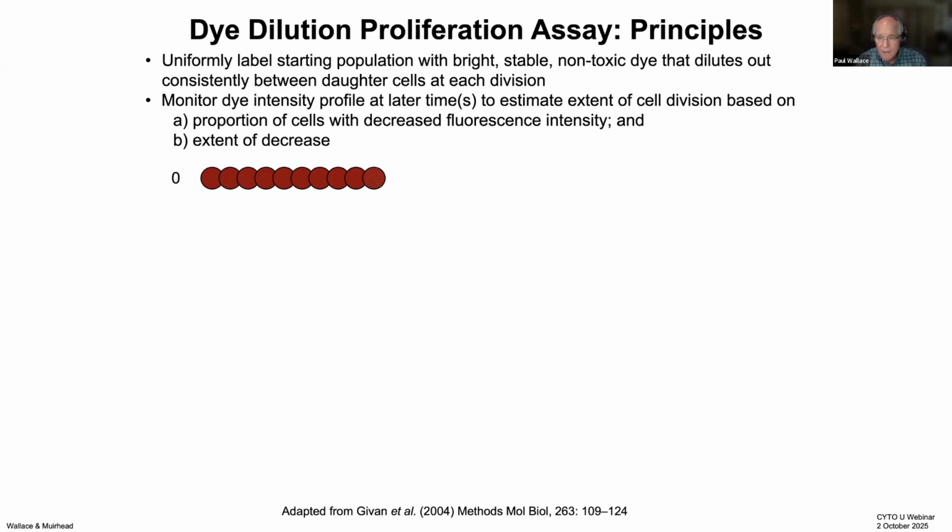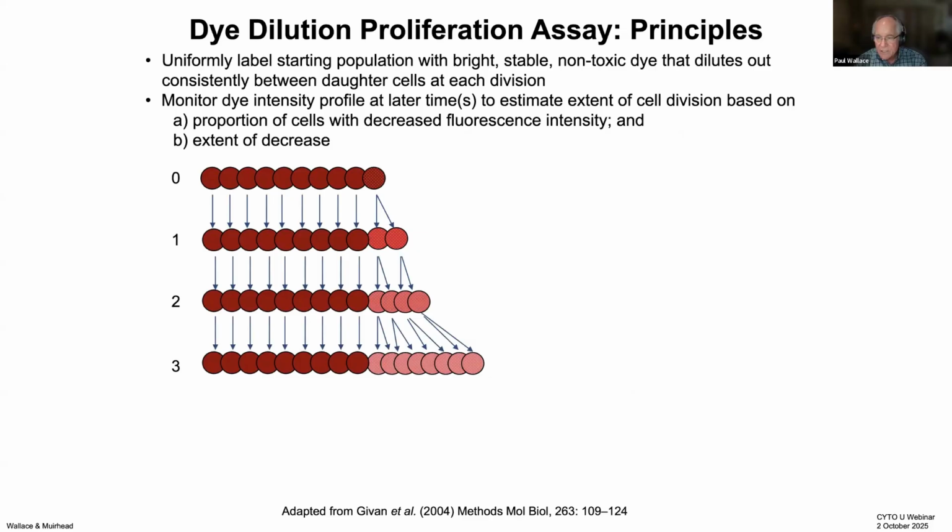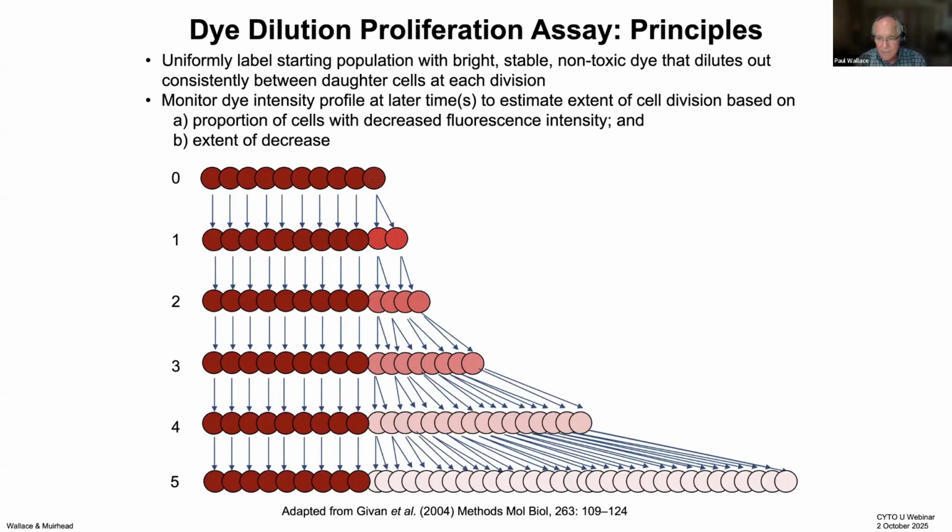A practical requirement of proliferation tracking dyes is that they are stable and non-toxic when incorporated at high levels. They should distribute approximately equally between daughter cells at each division, and their intensity dilutes out constantly from generation to generation. The consequences of this differential is shown here, where one cell, this one cell here, which is basically the parental generation, responds to stimulus by proliferating with half of the dye going to each daughter cell, and so on down.